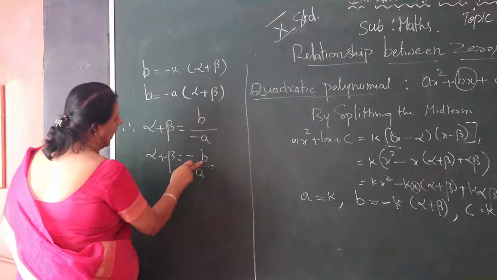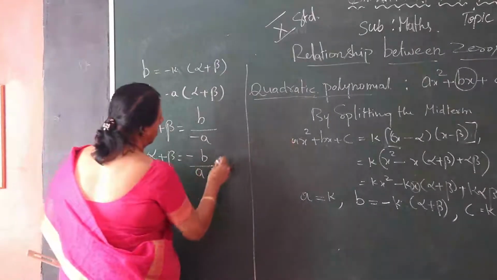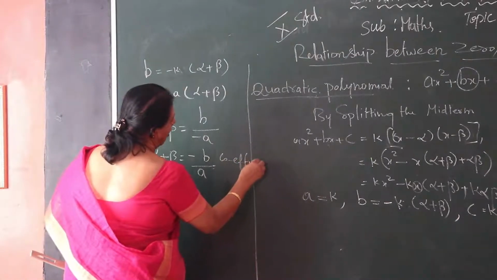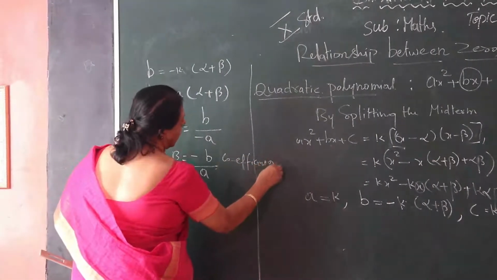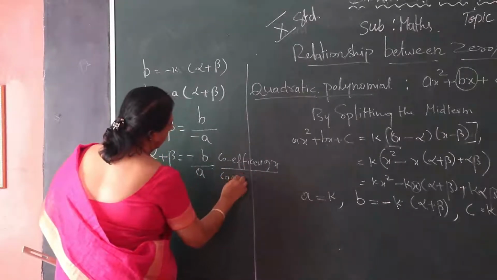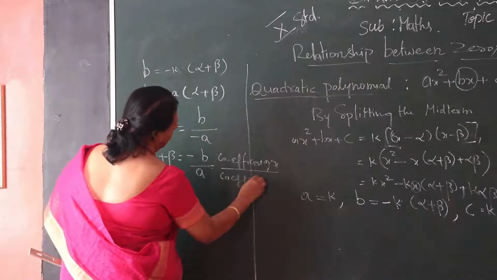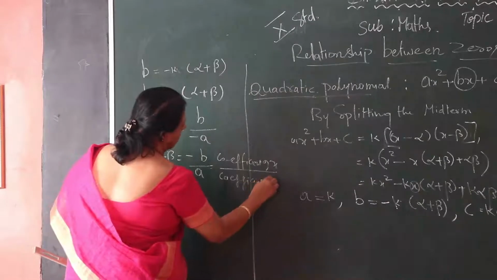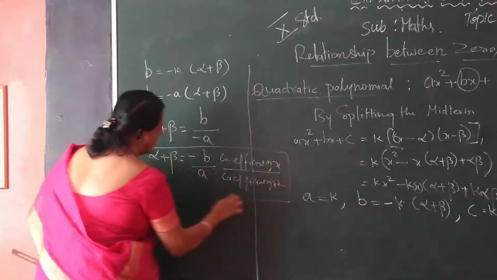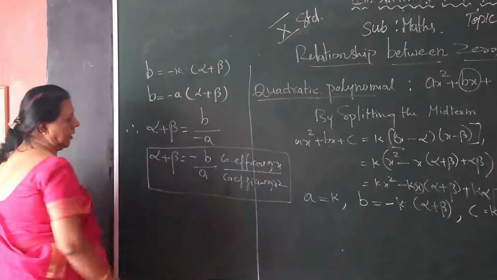So here b is the coefficient of x, and a is the coefficient of x square. This is the derivation.